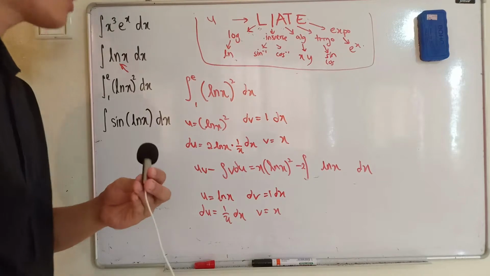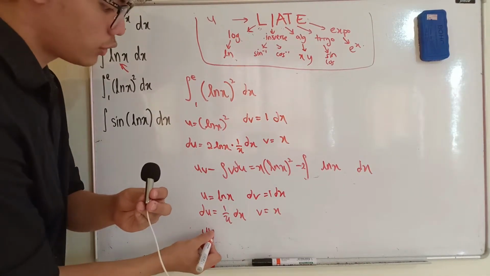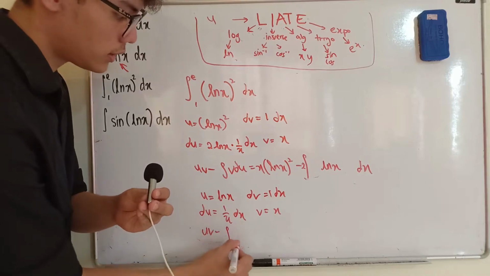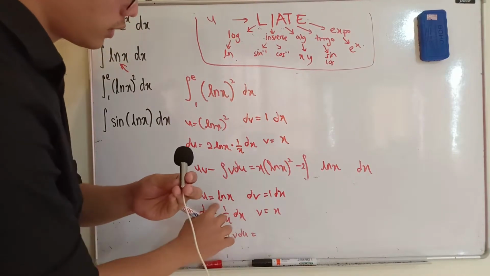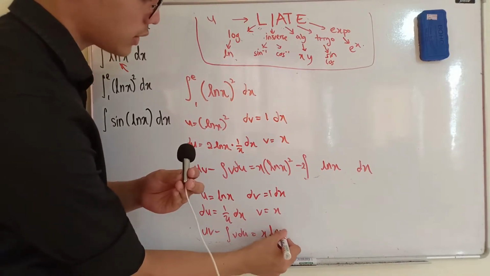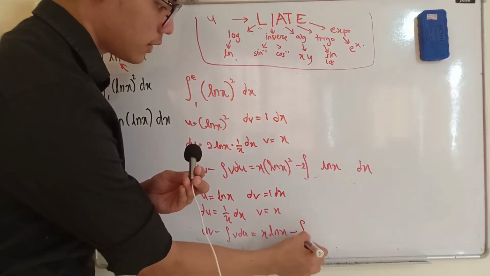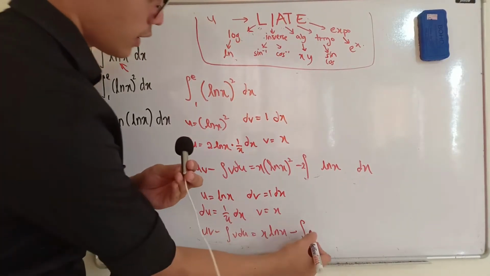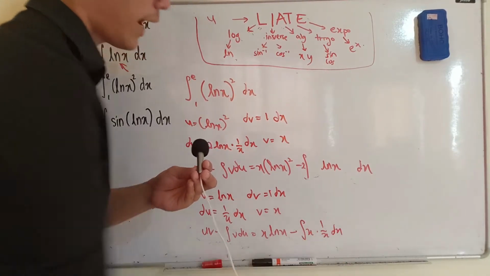Okay, so now I just use the formula. The integral of u dv equals my u, ln s, see my v comes first, you can just write your v behind. So minus the integral of v du, which is your 1 over s ds.